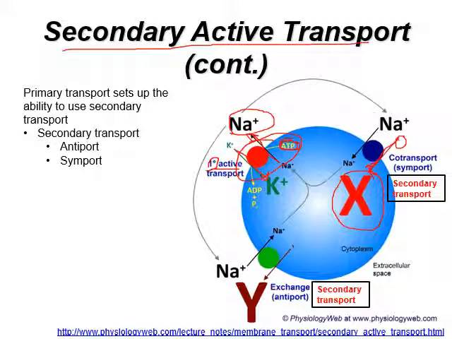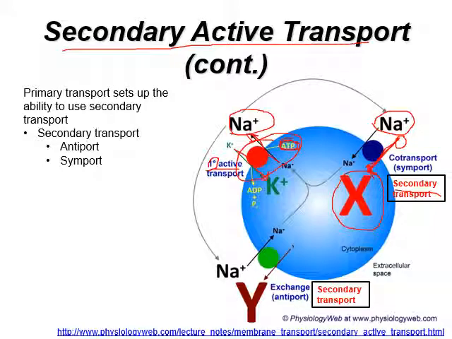Instead of using ATP in this case, we are using the concentration gradient from sodium. Sodium's going from high to low, and that energy from this gradient, from the movement of this, is going to fuel the movement of this molecule from low to high. Okay, so secondary active transport.